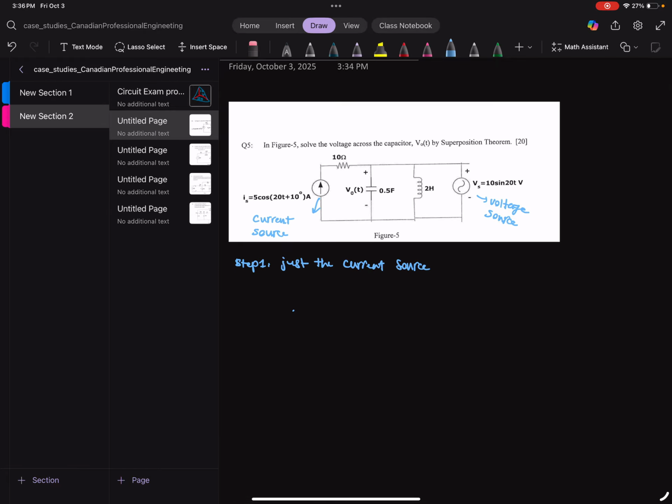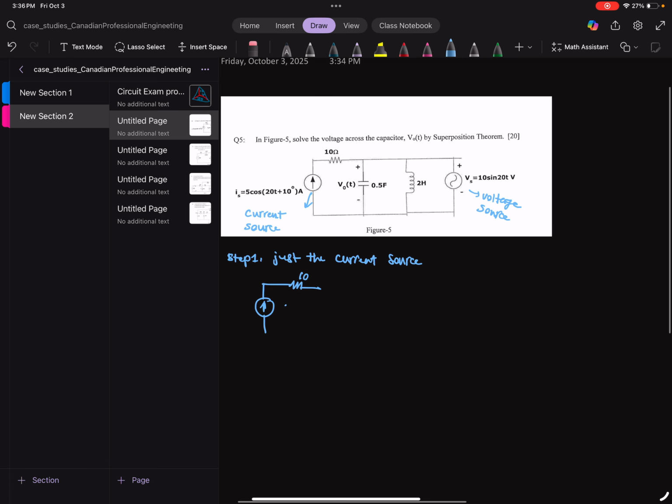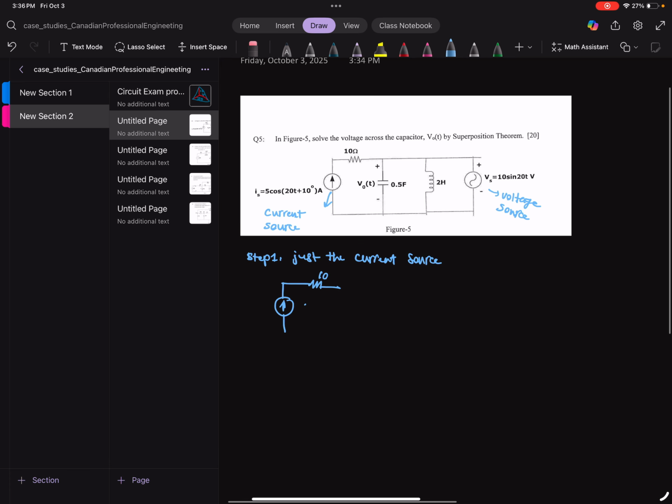So we are going to draw the circuit, and as you can see, it's going to tell you the phasors and everything. So this is 5 with 10 degrees, when you want to consider the phasors, and then omega is actually 20.